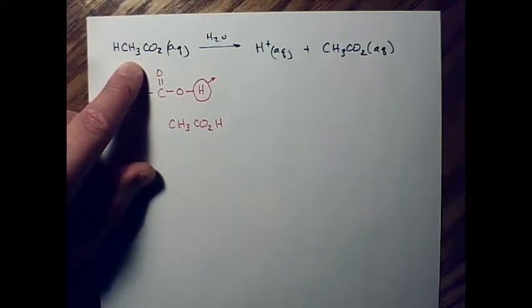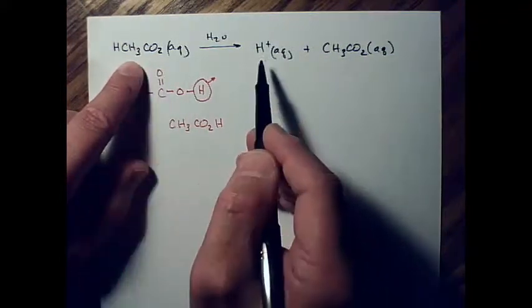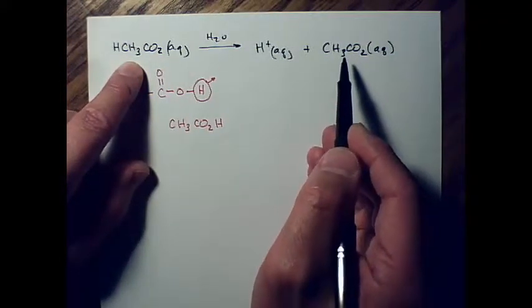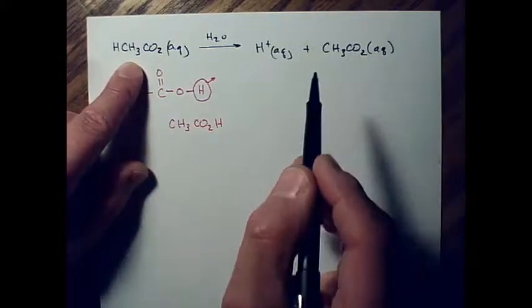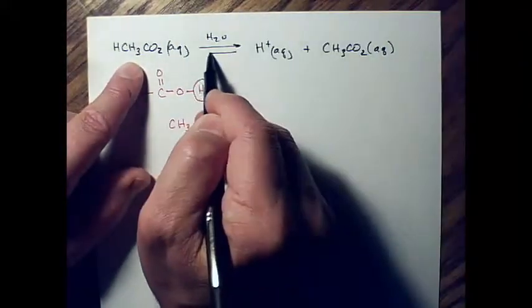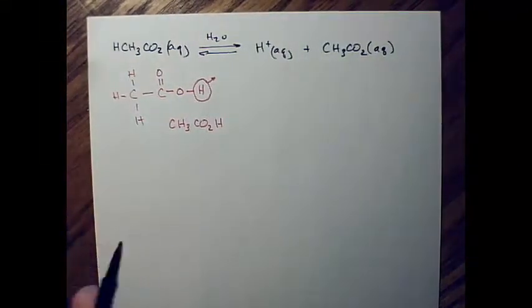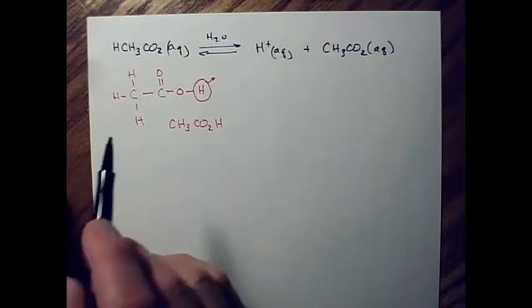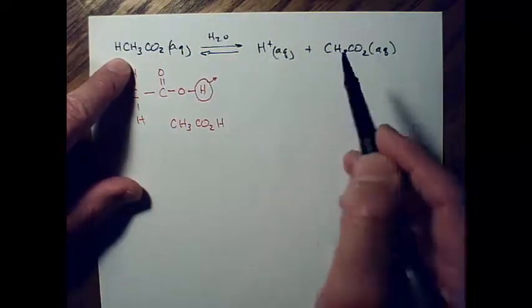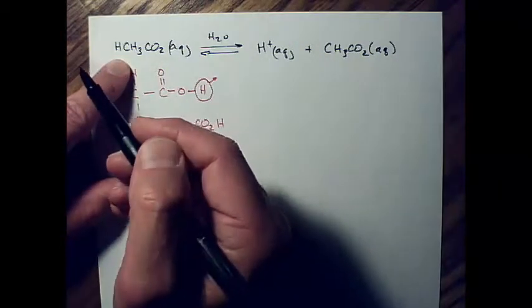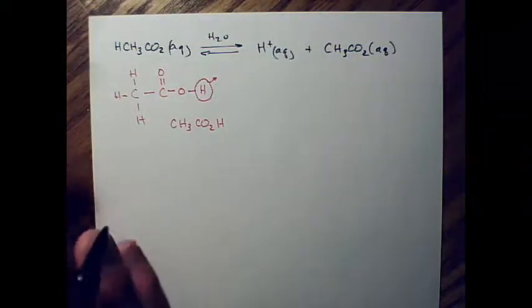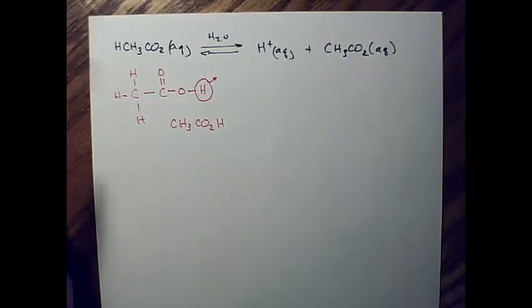At any given instant in time, you have a lot more of this than you have of these. Because while this is breaking up, these are reforming. And we have an equilibrium being established here. Okay? We have a dynamic equilibrium. The rate at which the forward reaction equals the rate at which the reverse reaction is occurring gives you that point of equivalence, where there's a balance there.